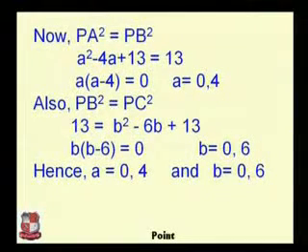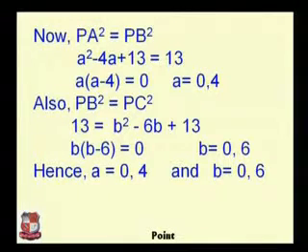Now compare PA square with PB square. So a square minus 4a plus 13 is equal to 13. Now 13 is common on both sides, so we have a square minus 4a equals 0. Now a is common, so we get a into (a minus 4) equals 0. Finally a has two values, 0 and 4. Also we compare PB square with PC square.